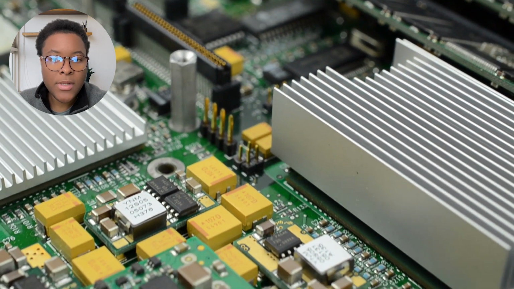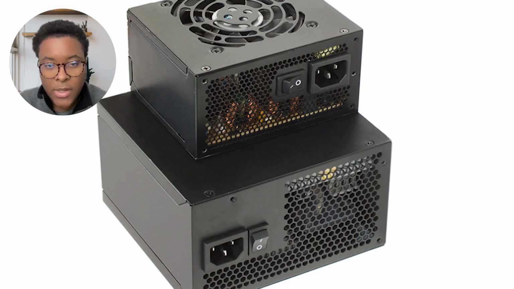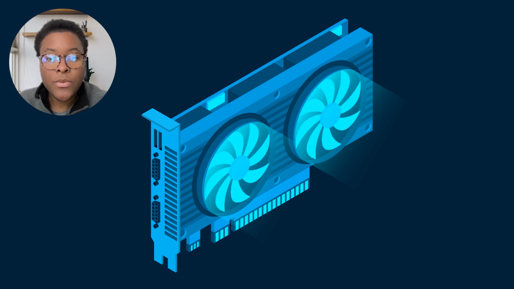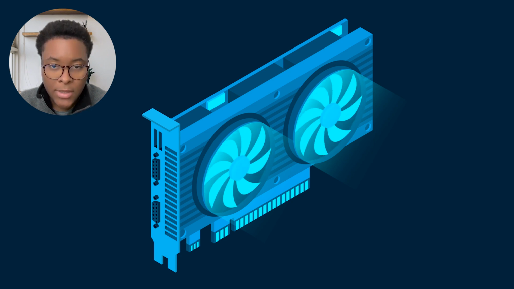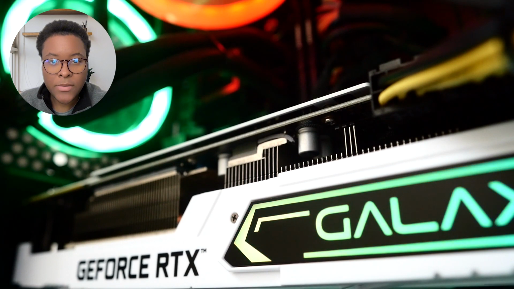The motherboard connects and allows communication between components. The power supply unit, the PSU, converts electrical power for the computer's components. The graphics processing unit, the GPU, renders images and videos, especially for graphics-intensive tasks such as gaming and video editing.